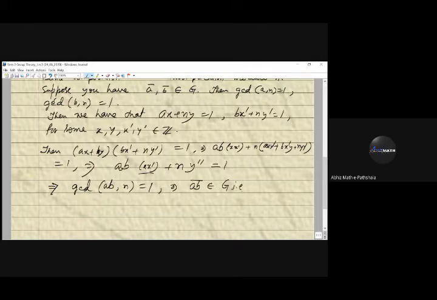That is a class dot b class belongs to G.